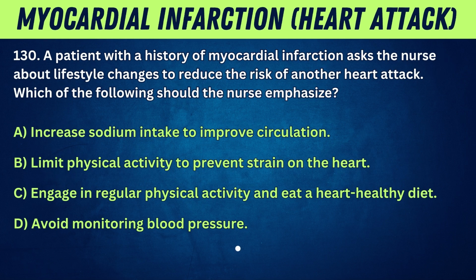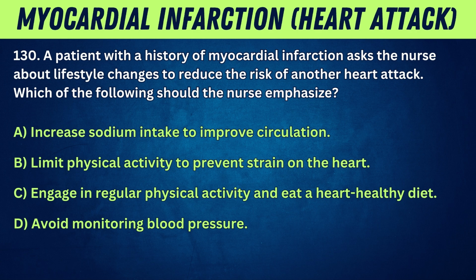130. A patient with a history of myocardial infarction asks the nurse about lifestyle changes to reduce the risk of another heart attack. Which of the following should the nurse emphasize? A. Increase sodium intake to improve circulation. B. Limit physical activity to prevent strain on the heart. C. Engage in regular physical activity and eat a heart-healthy diet.